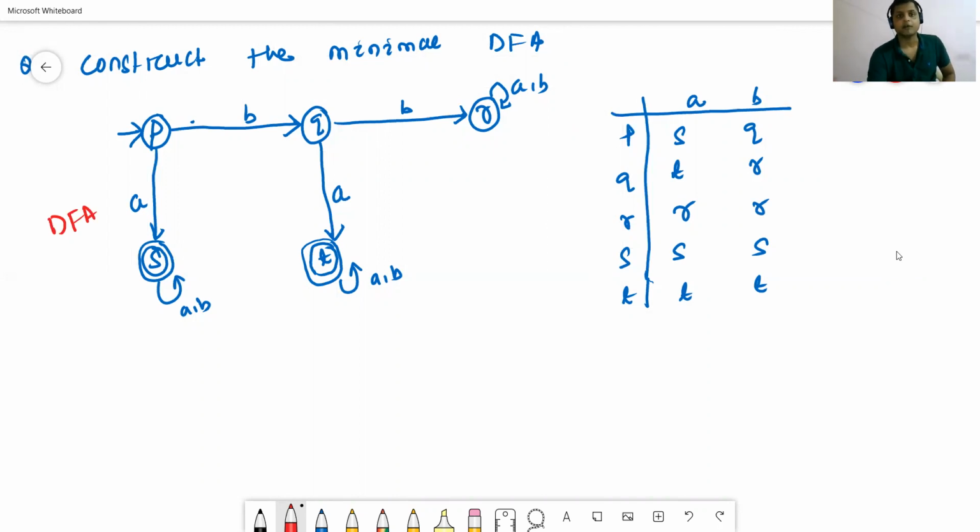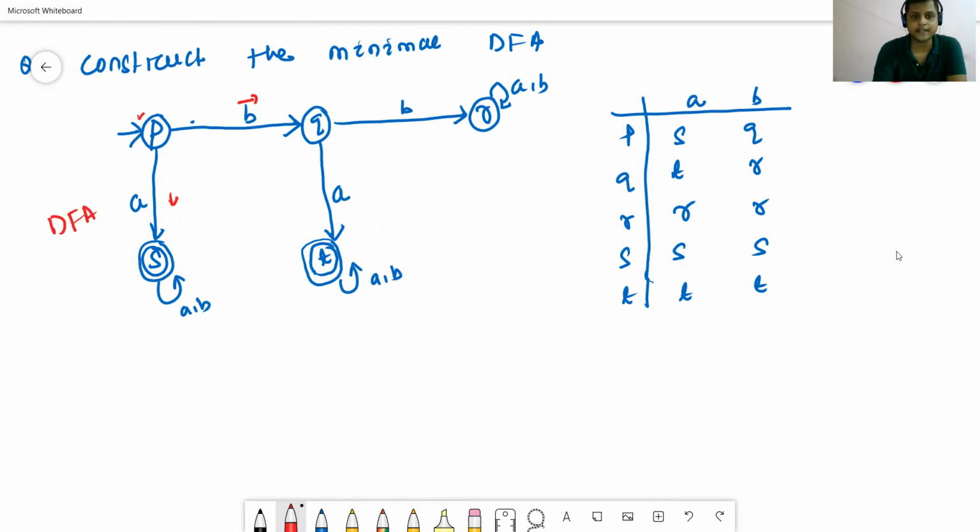But now we'll check: is there any inaccessible state in the given DFA? P itself is the initial state. Now we will reach Q from the initial state using this path. Now we will reach S from the initial state using this path.